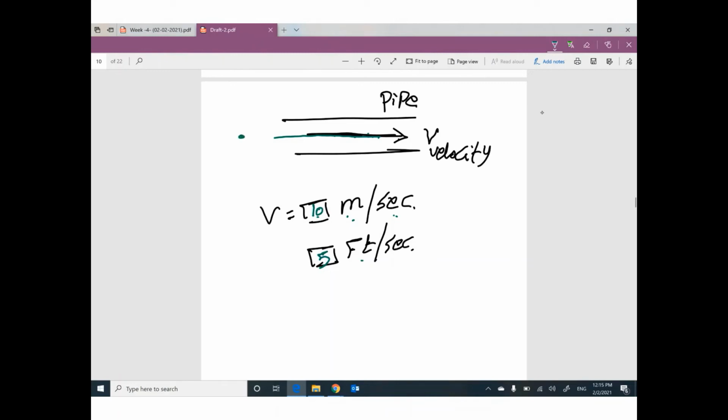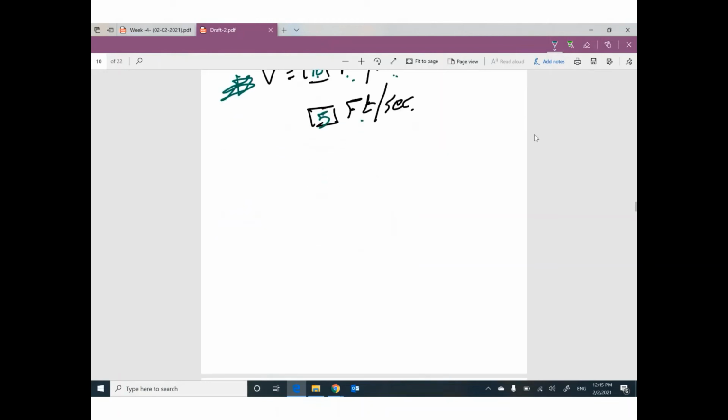So if you have a point here, after 1 second, this point will have moved 5 feet. That makes sense? This is the meaning of velocity. And we understand this. We have another phenomenon which is called discharge.